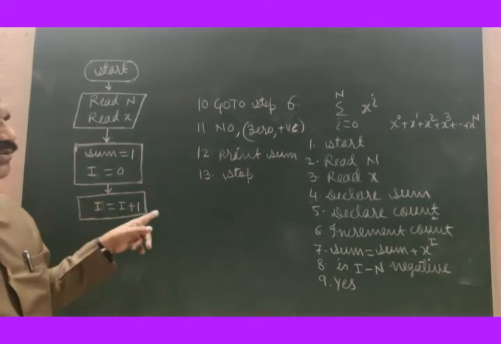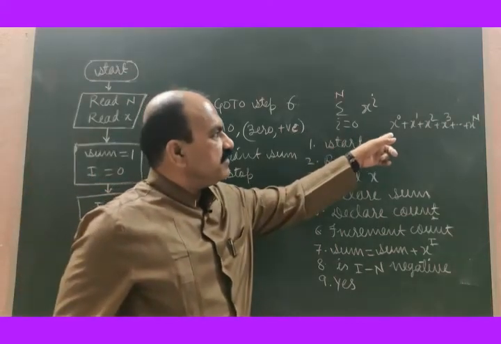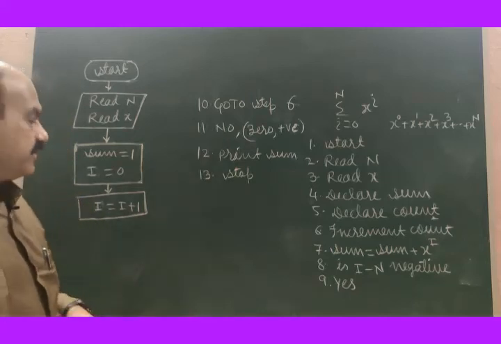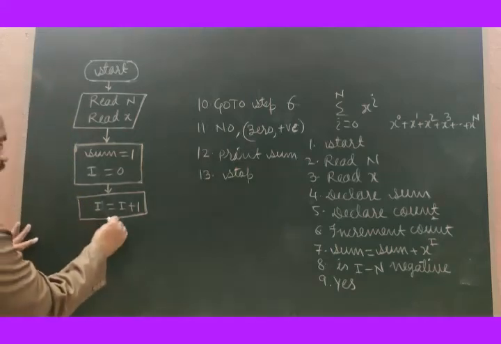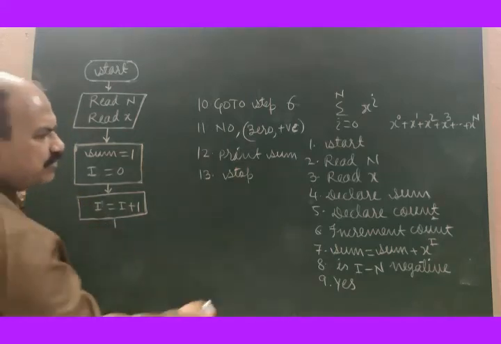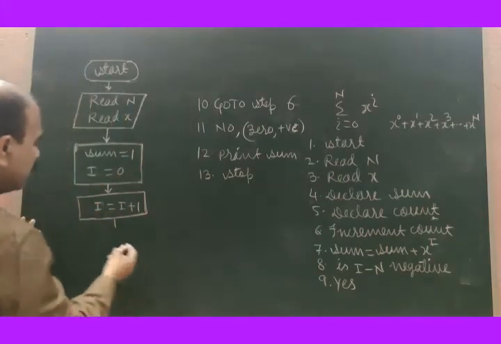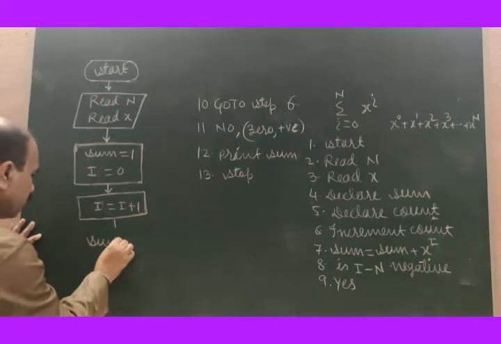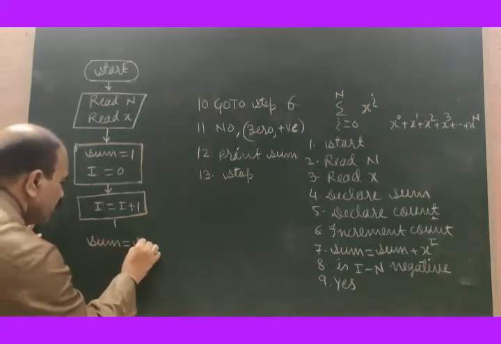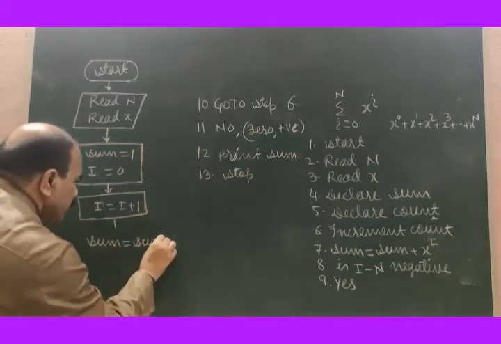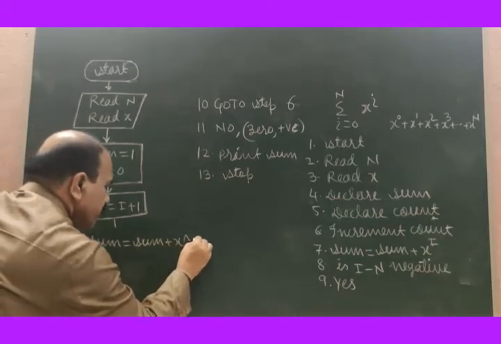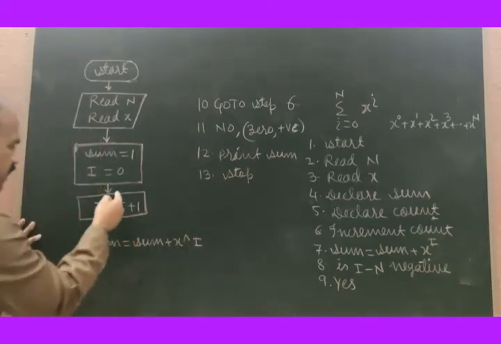If I is 0, I may not get the correct answer. After that, what you have to do? Go for the sum. Sum is equal to sum plus x to the power I, this I.